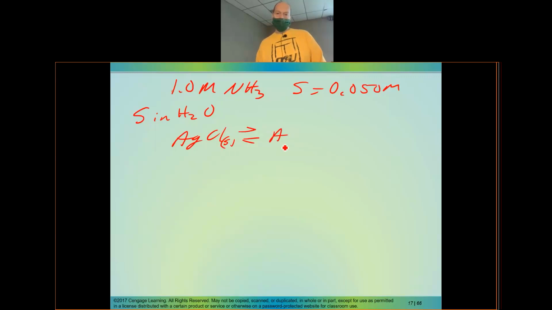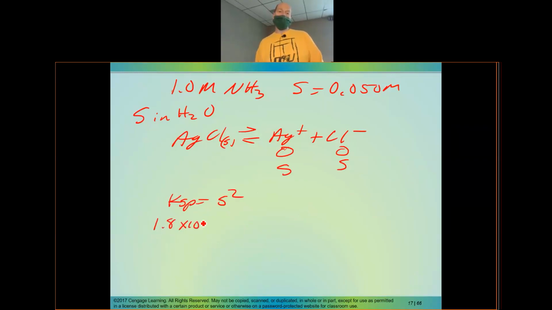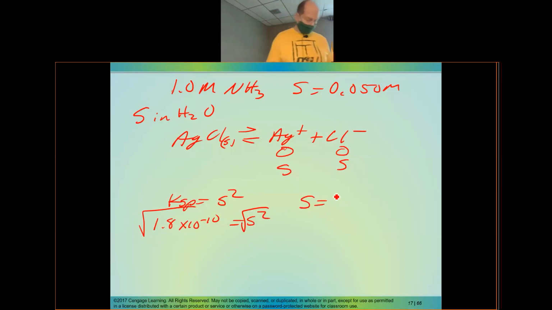All right, so Ag plus and Cl minus. So again, in water, these are zeros, and so it's got to go to the right. You're going to have S, you're going to have S. And so you have your KSP is equal to S squared. So 1.8 times 10 to the minus 10 is equal to S squared. So you simply take the square root of both sides. You get 1.3 times 10 to the minus 5.